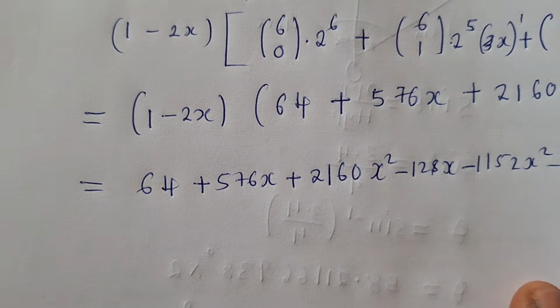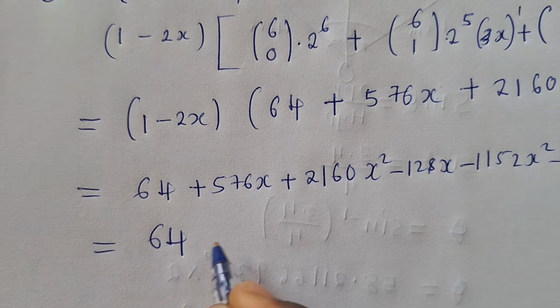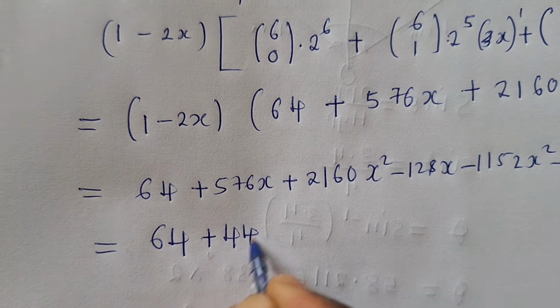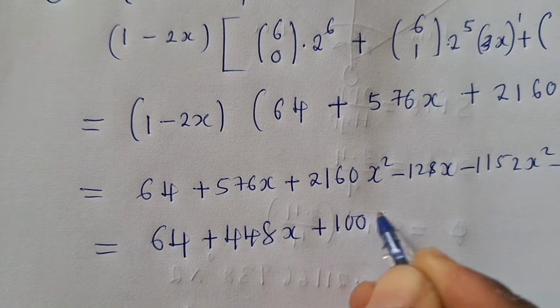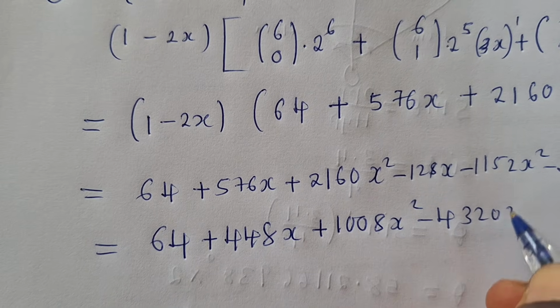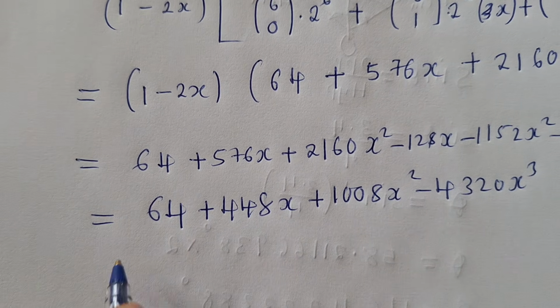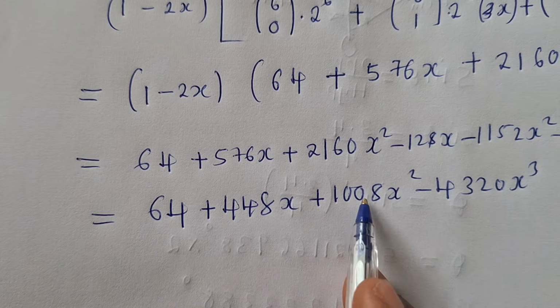This is what we're getting. And when we simplify further here, we're getting 64 plus 448x plus 1008x power 2 minus 4320x power 3.